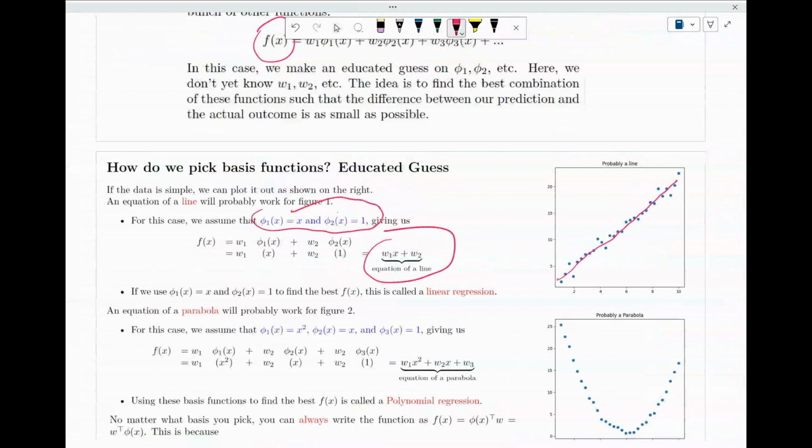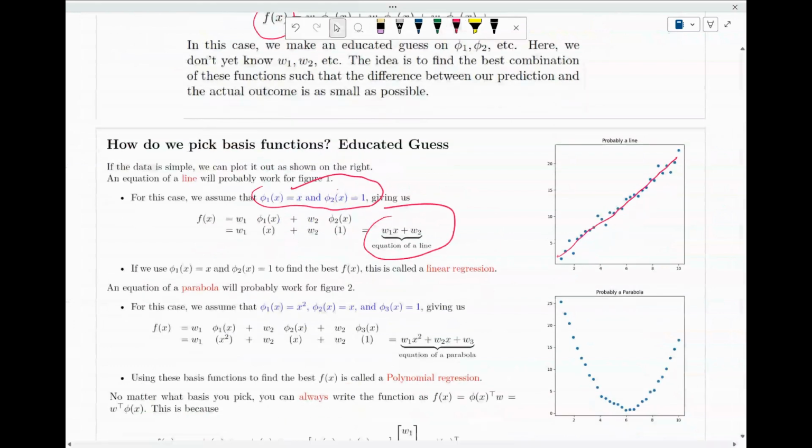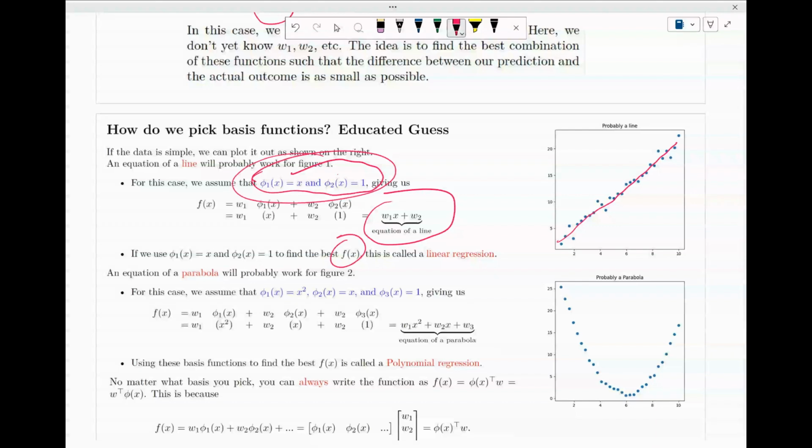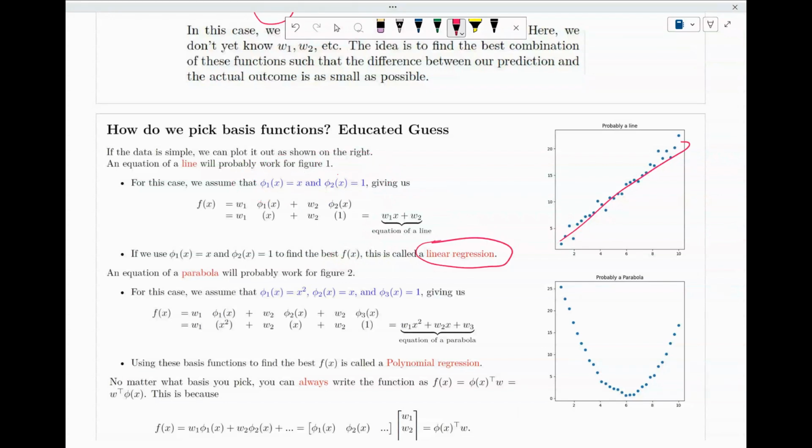And this becomes the equation we're trying to predict. If we are picking these bases to find the best function, this approach is called linear regression, because, well, it's a line.